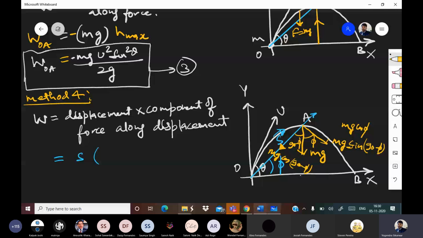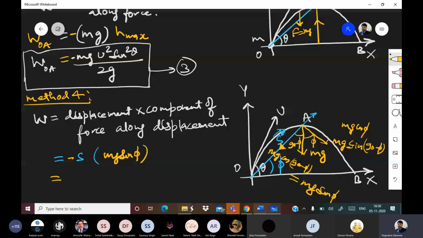But displacement is in this direction and component is in this direction, so one minus sign will be there, because S vector is in this direction and component of force is in this direction. Now mg with minus and S sine phi.